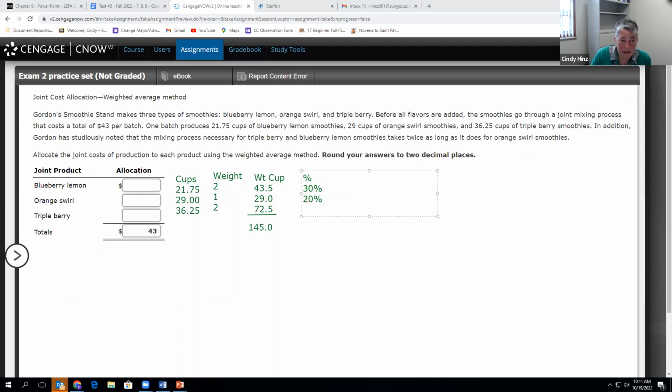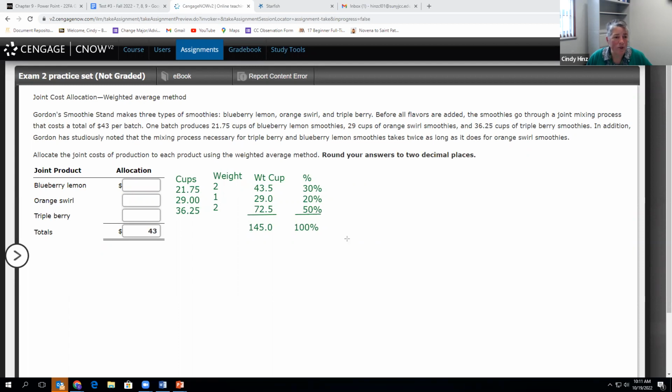And it better work out that triple berry is 50% because these need to add up to 100%. 72.5 divided by 145 is 50%. And so you can see that the total of that column is 100%, and that has to be the case. We have to have accounted for all of our costs.